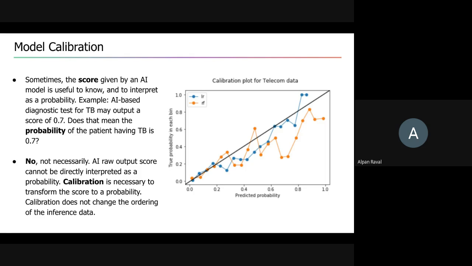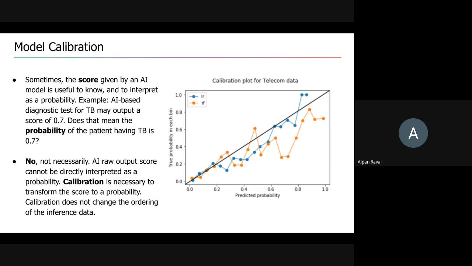But sometimes it's useful to know this score and to interpret it as a probability. For example, if it's a risk score for a disease, and the risk score is something like 0.65, you might want to interpret that as a probability and ask: does that mean that I have a 65% chance of contracting the disease?